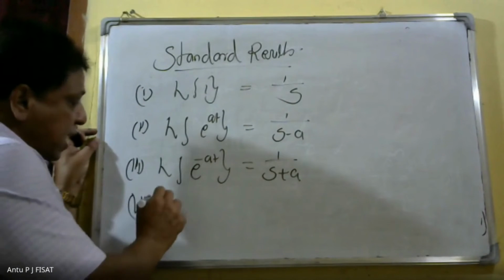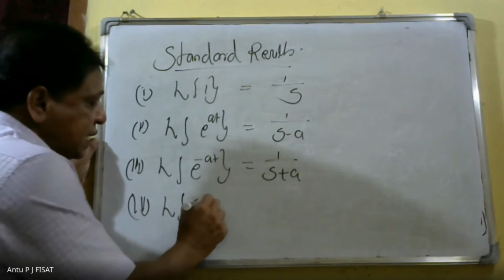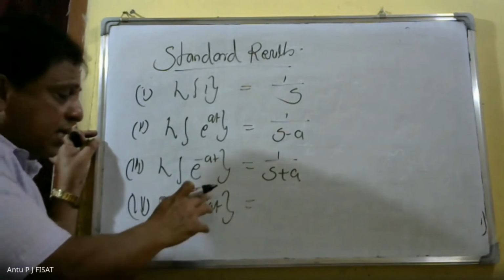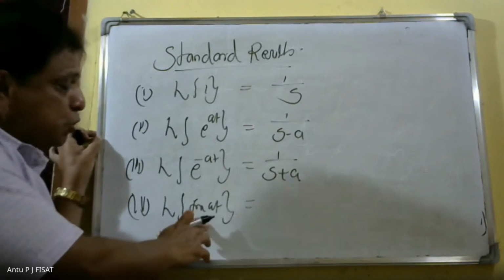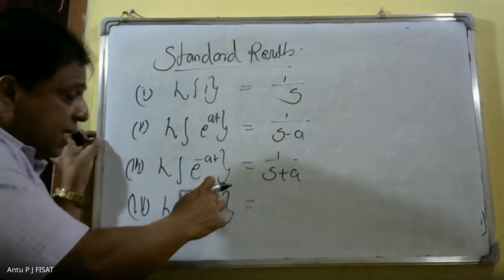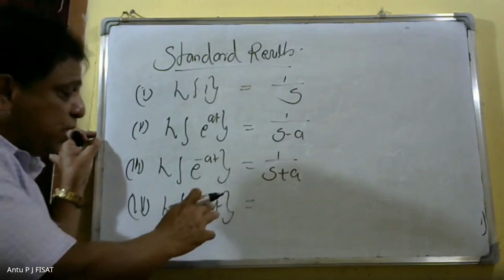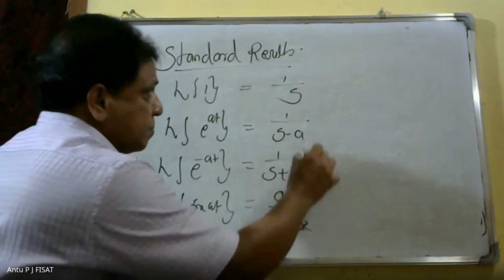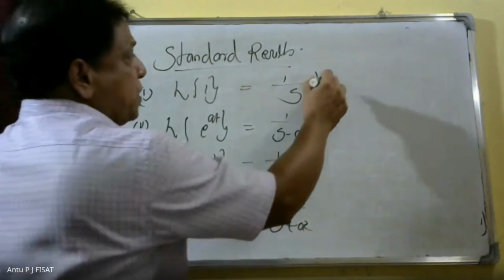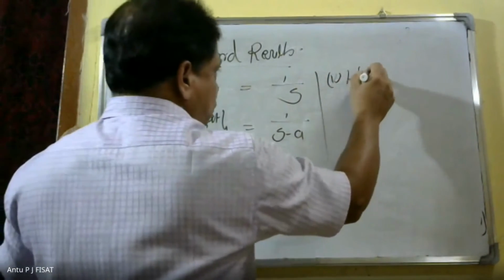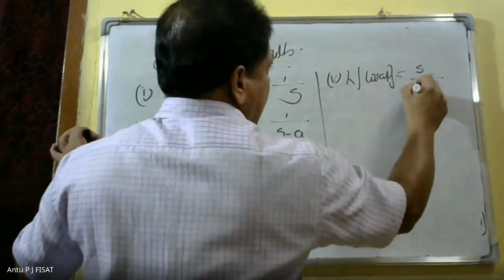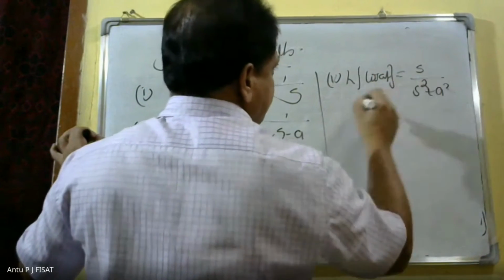Then the fourth result, Laplace transform of sin at. To find it, sin at is multiplied by e raised to minus st, then integrated within the limit 0 to infinity. The answer will be a by s square plus a square. Fifth result, Laplace transform of cos at, is s by s square plus a square.